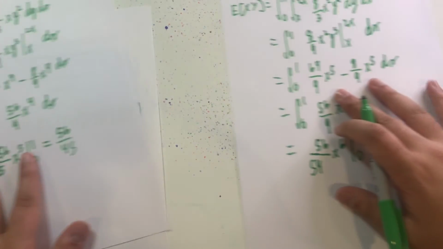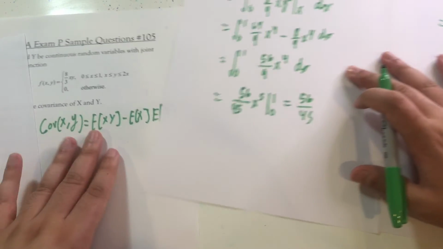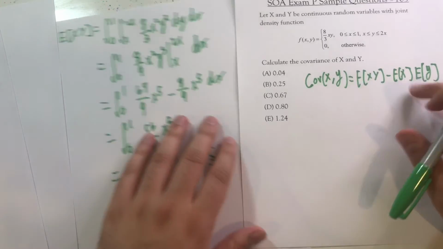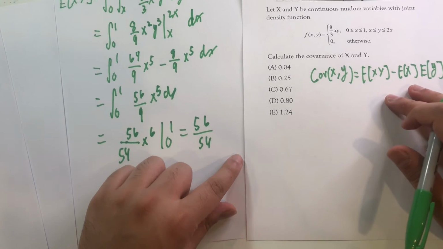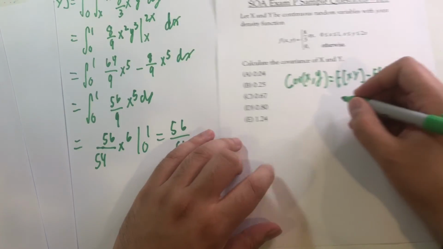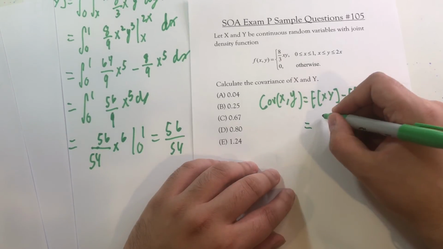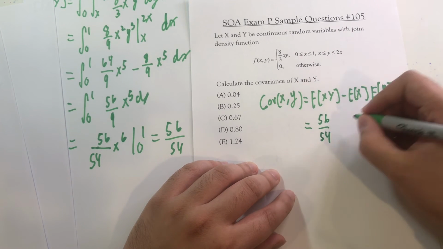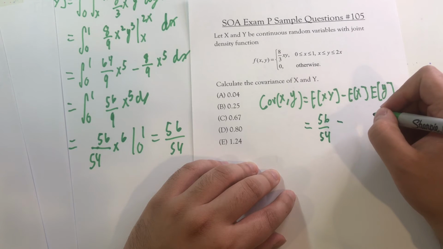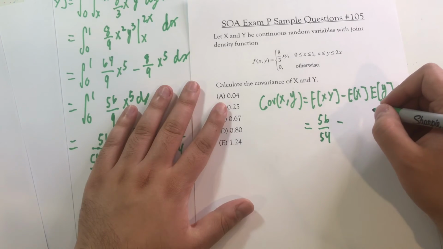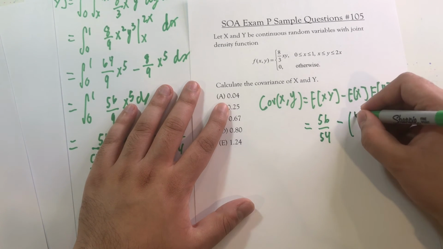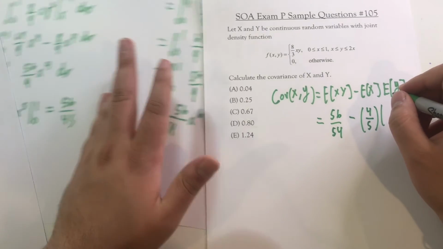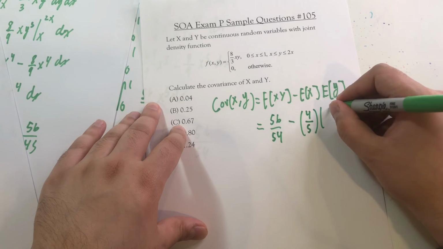Okay, so all of this calculus just to plug in our information. All right, so E of XY is equal to 56 over 54 minus E of X, which was 4 over 5, multiplied by the expected value of Y, and that's 56 over 45.